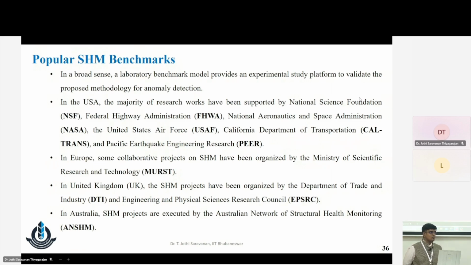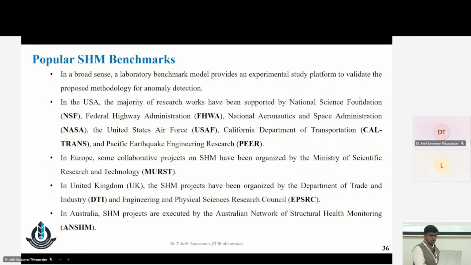I think we recently have the DST changed to the Anusandhan Research Foundation, which has some correlation with NSF. Then the Federal Highway Administration, NASA, I hope you all know that, then the California Transportation Department, and PEER, the Pacific Earthquake Engineering Research center. These are very famous sponsoring agencies where they do a lot of case studies, and it is a benchmark problem for us.